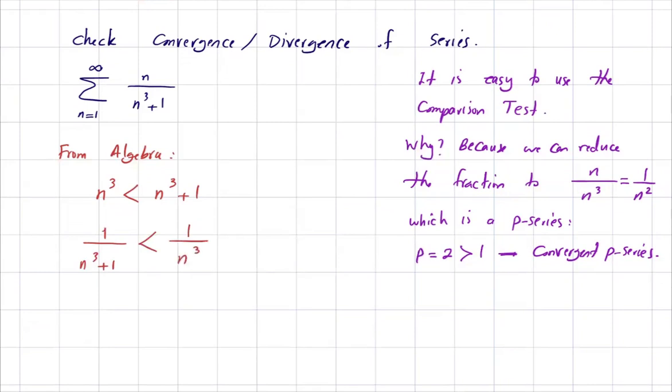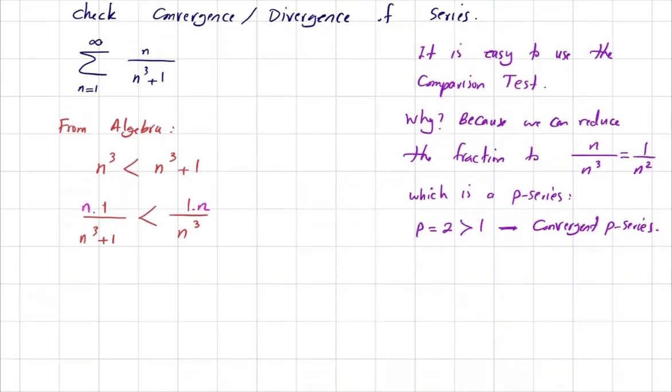Now, if you multiply both sides by n, you get n times 1, n times 1. And when you take the series of both sides, the summation of n divided by n cubed plus 1 is indeed less than the summation of 1 divided by n squared.